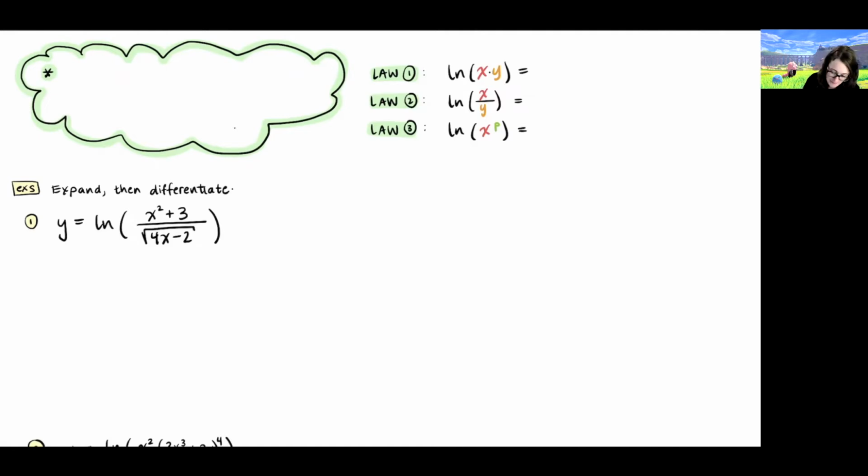To differentiate something like this using our rule, we'd have 1 over all of this stuff, if this is u. Then to find u prime, we'd have to differentiate this stuff here. That's going to need the quotient rule and the chain rule, and that's more complicated than it needs to be.